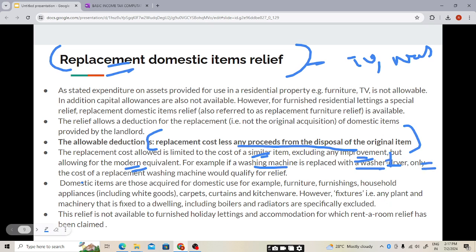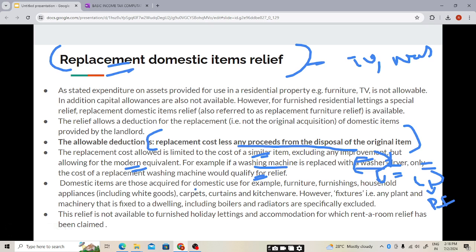So only the cost of the replacement washing machine would qualify for this relief. How will you calculate this relief? Whatever is the washing machine amount, less the amount which you got by selling your old washing machine, that amount you can reduce from your property income. Clear with this, students?